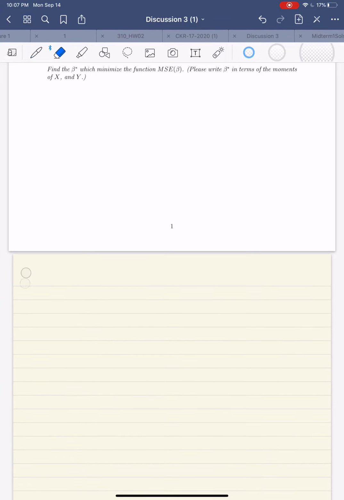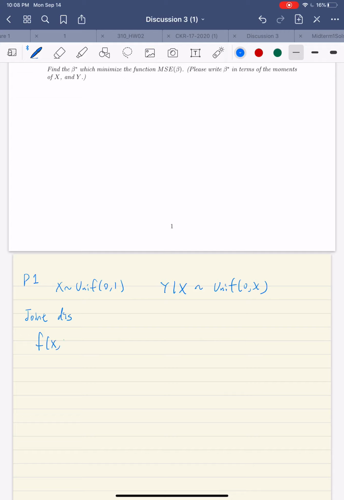So problem 1, we know x is uniform on 0 to 1, and y conditional on x is uniform on 0 to x. First let's find the joint distribution. The joint distribution of x and y is equal to the conditional of y given x times the marginal distribution of x.